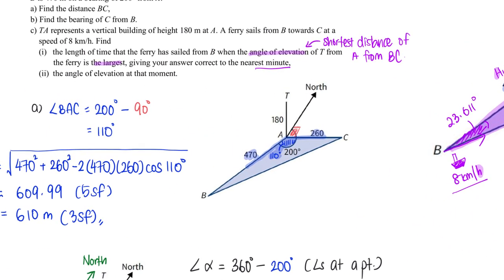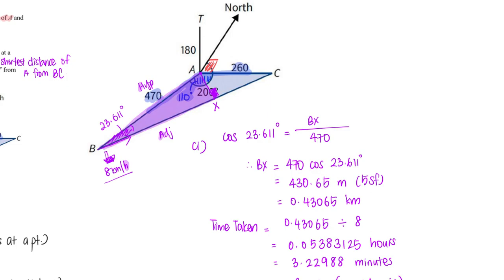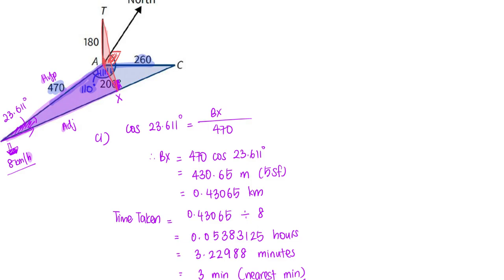And the angle of elevation at that moment. So going back to this diagram, I'm going to draw a red color triangle. Do take note, this is actually a right angle triangle. So I'm going to do it here, C part 2. To help you, T, A, X. I know this is 180. They want the angle of elevation, which is here. But in order to get that piece of information, I do need something more.